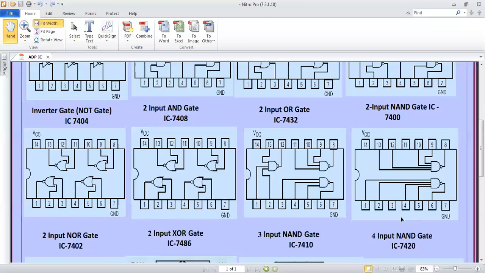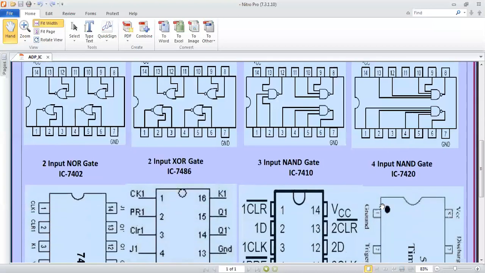Now last one, that is 4 input NAND gate. If you are working with 3 input NAND gate, IC number 7410, at that time only 3 gates are there in one IC. Now if you are working with 4 input NAND gate, then only 2 gates are there.